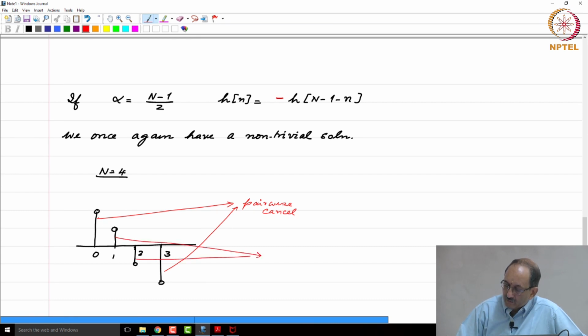Similarly, this and this pairwise cancel, and once again that equation is satisfied.